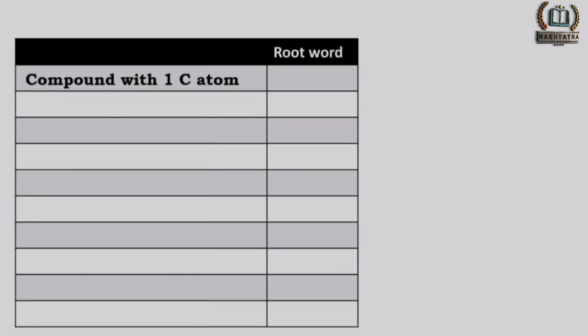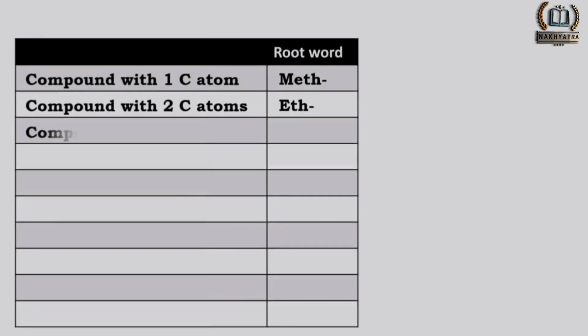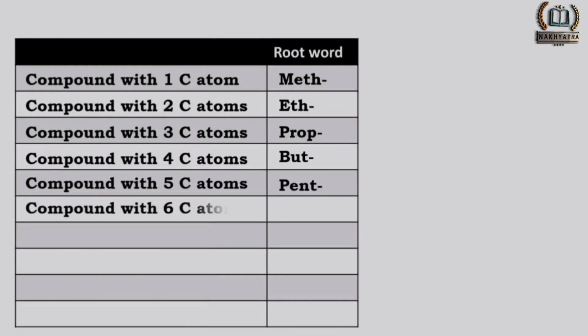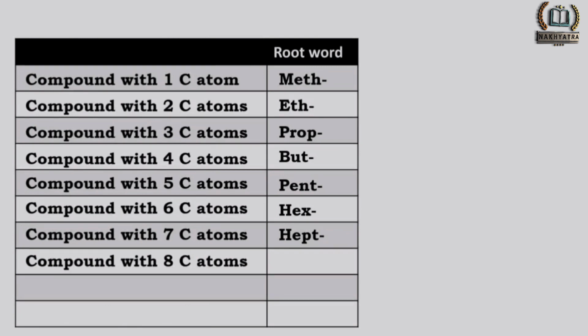Next we will see the number of carbon atoms and their root words. Compound with 1 carbon atom, the root word is meth. 2 carbon atoms, eth. 3 carbon atoms, prop. 4 carbon atoms, but. 5 carbon atoms, pent. 6 carbon atoms, hex. 7 carbon atoms, hept. 8 carbon atoms, oct. 9 carbon atoms, non.